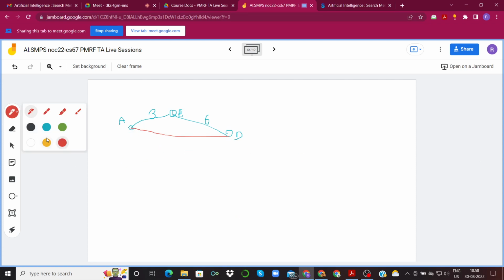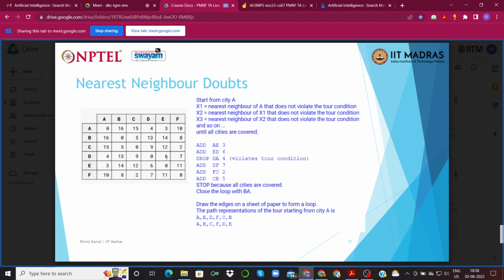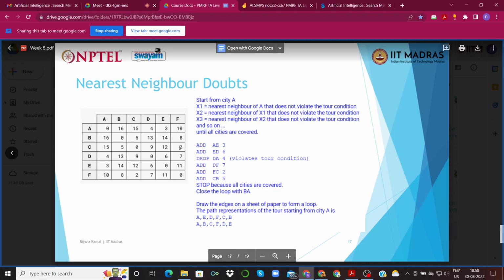So we cannot add DA; I'll remove this edge. What is our next best option? F is our next best option, so we'll add DF.